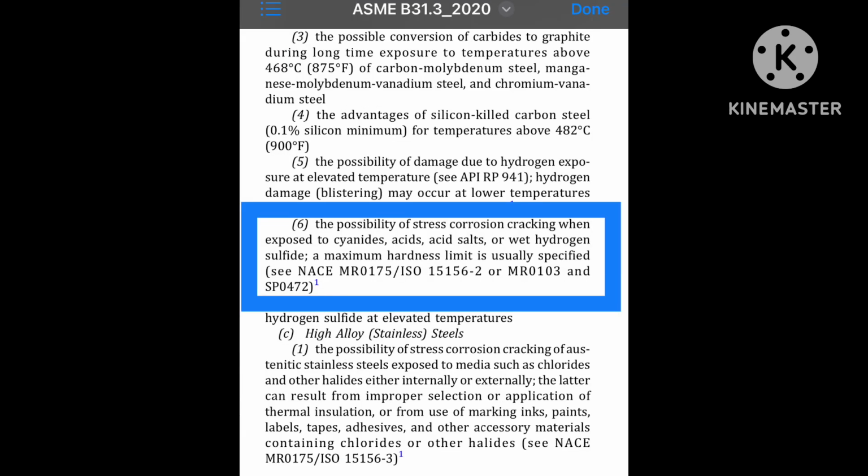This is the page from the B31.3 standard. It says that for cyanide, acid and other hydrogen service and sulfide service, there is a possibility of stress corrosion cracking, and the standard gives how much hardness is required to avoid that. Hardness is one of the most important properties compared to other mechanical properties, because all the other properties depend on the hardness.